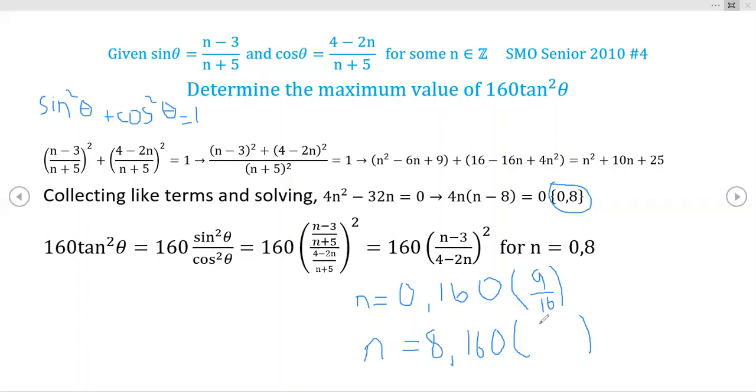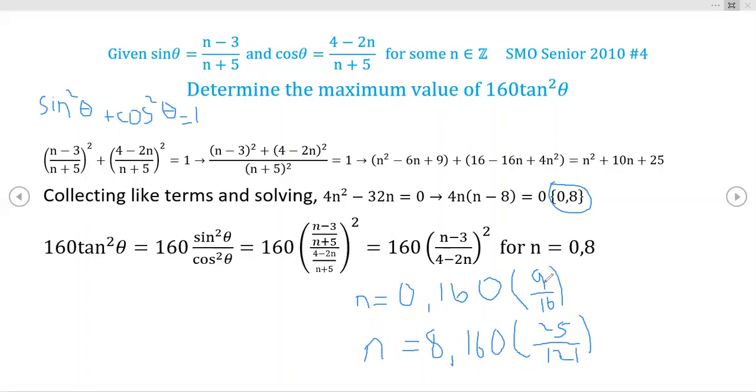I'll go ahead and record that, 25 over something yet to be determined. If you put 8 right here, that's 16. 4 minus 16 is negative 12... negative 11 squared is 121.